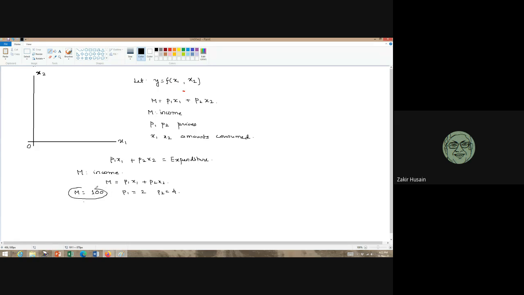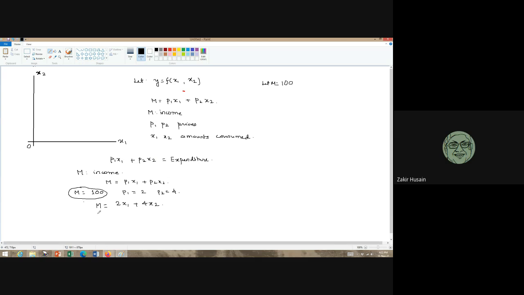At this moment, let's forget 100. So we have M is equal to 2x1 plus 4x2, right? Now, let us draw this function for M equal to 100. Sir, is this the budget line?